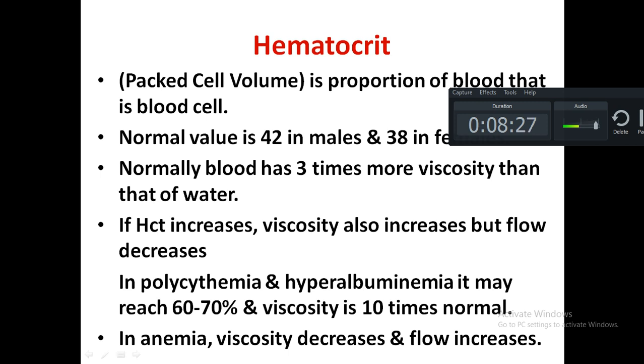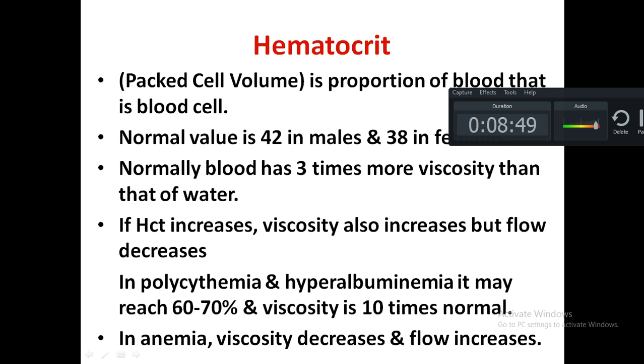The conditions in which the viscosity is increased are polycythemia, in which the number of RBCs is increased immensely above the normal value, or whenever there is an increase in the albumin level in the blood, which is called hyperalbuminemia.